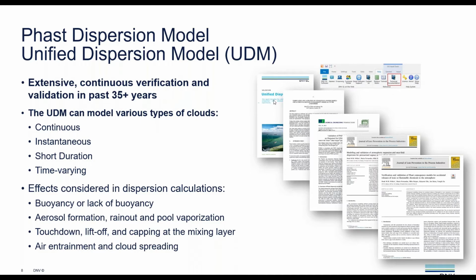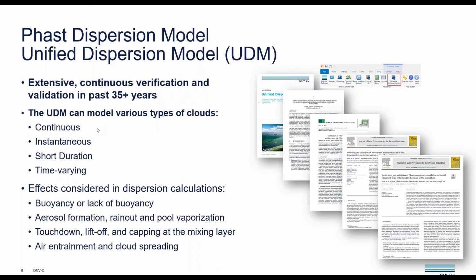This gives us all the information of the validation results with real-life experimental data. We have also published many different papers over the years, which you can find on the internet. If you'd like to have a copy of these papers, let us know, and we can send them to you.